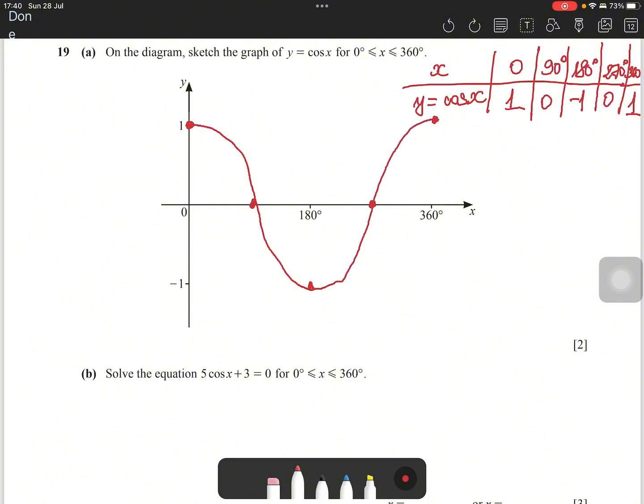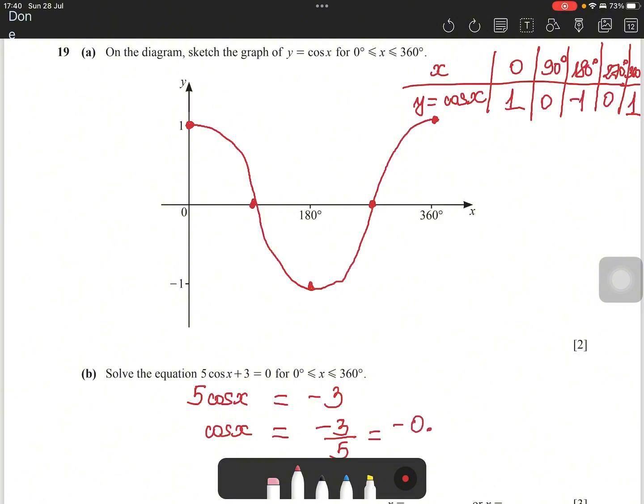B. Solve the equation 5 cos x plus 3 equals 0. First, I'll remove the number 3 by subtracting 3 from both sides. Then, I'll divide both sides by 5 to get the value of cos x.